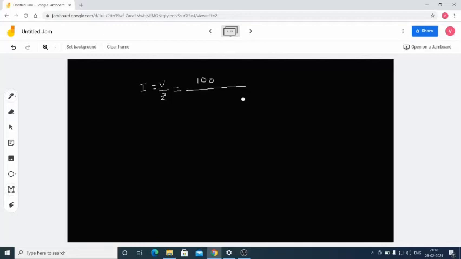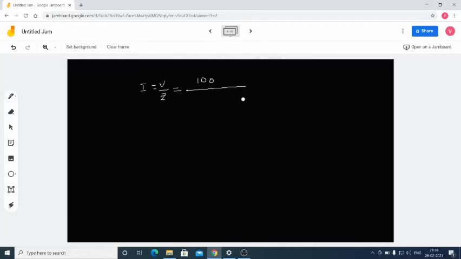Move on to the next problem. It is also similar. Find the A minus B value and write it in polar form. What is A? 3 plus j5. What is the B value? 8 minus j6.